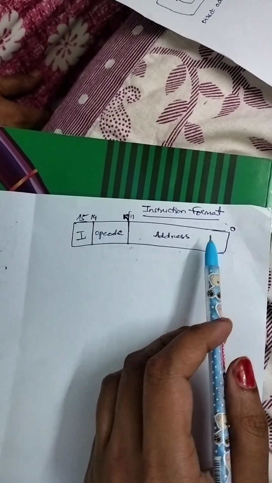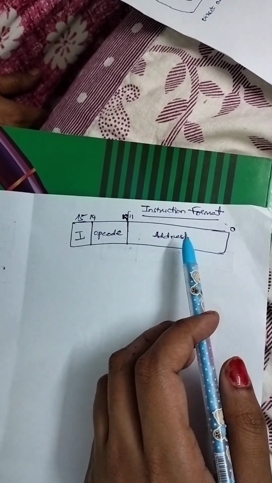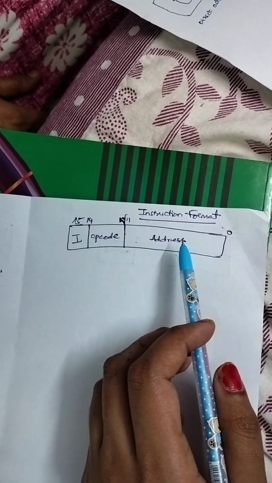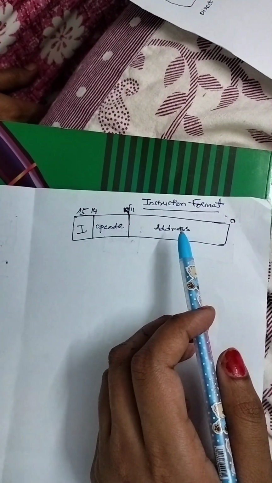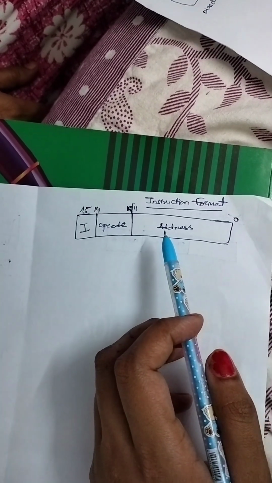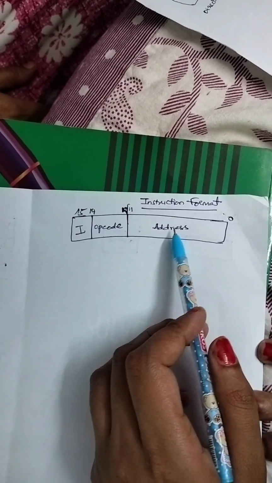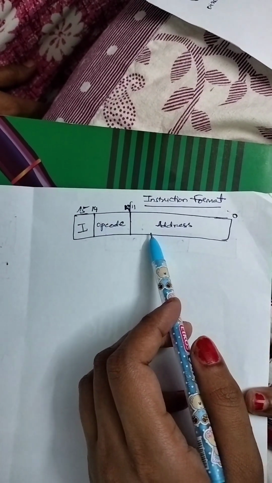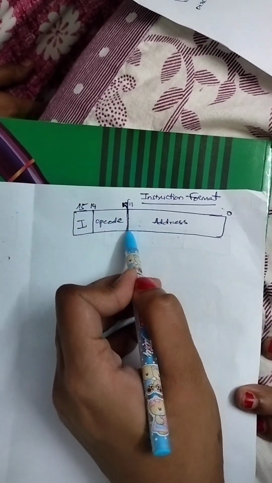Generally, the size of this instruction format is in multiples of 8, which means 16, 32, 24, 64, like that. Hence, this instruction format is divided into 3 parts. The first one is address.